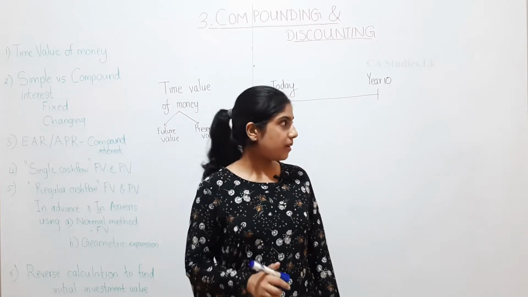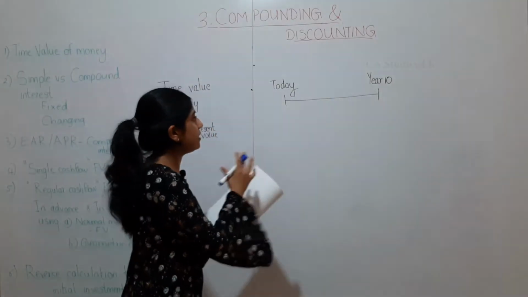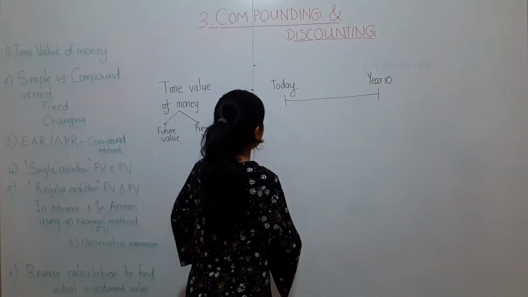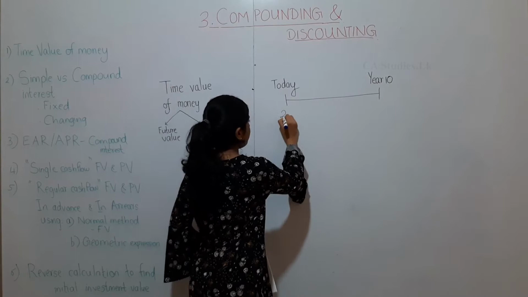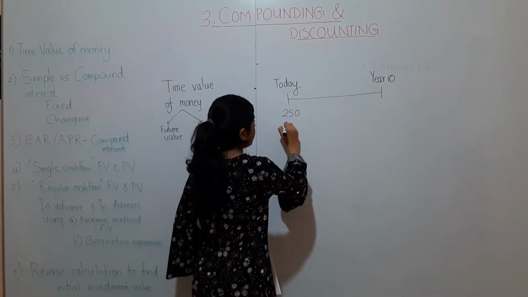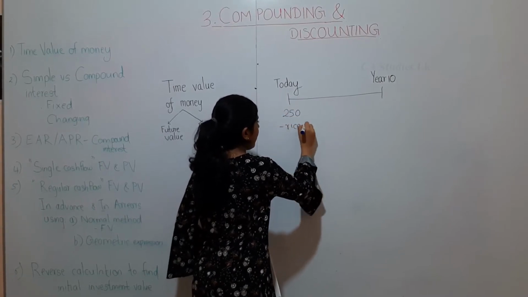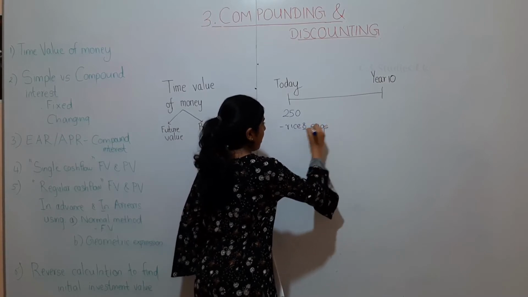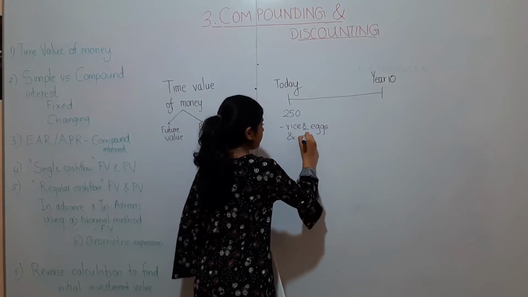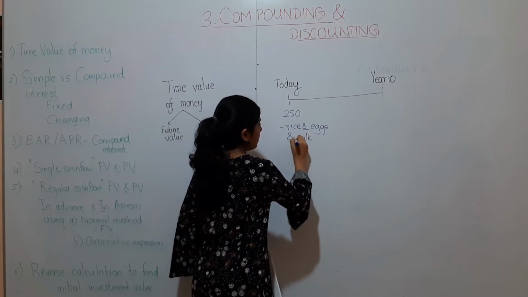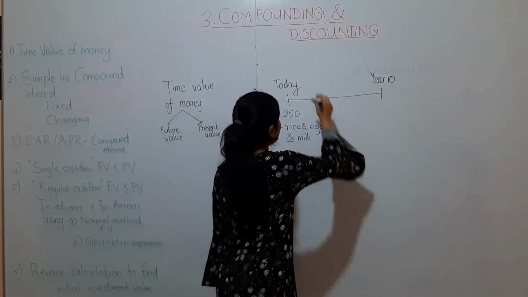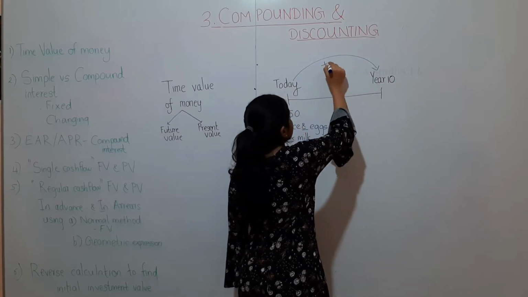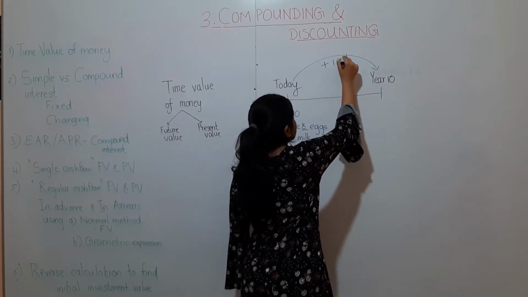So if you put it in a timeline, where today you are buying rice, eggs and milk for 250 rupees, but after 10 years, prices increased by 10%.